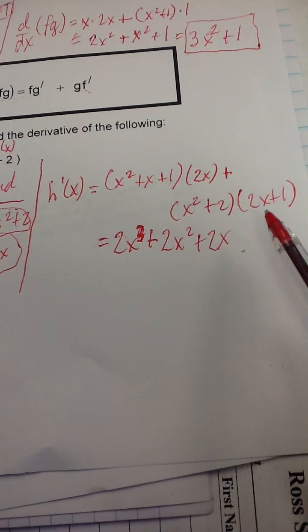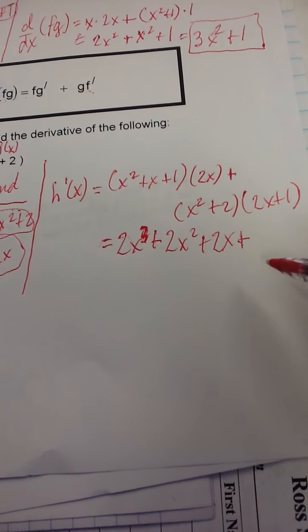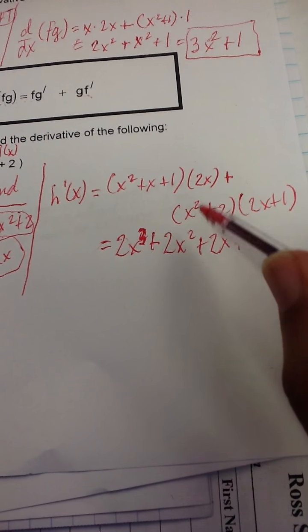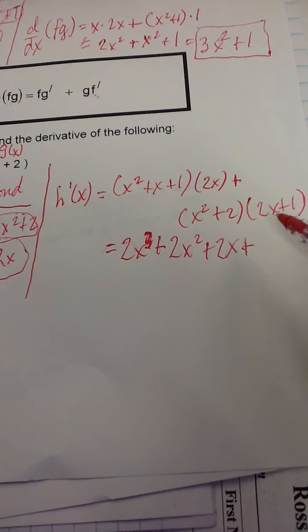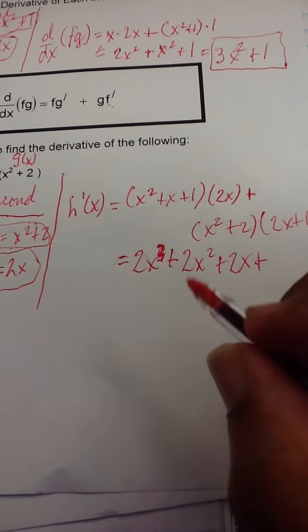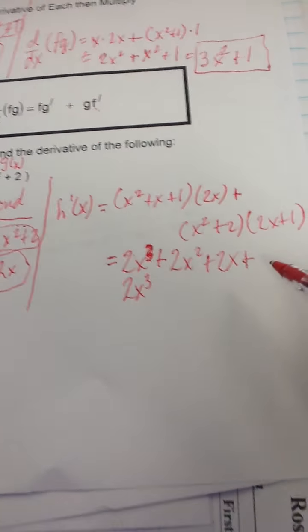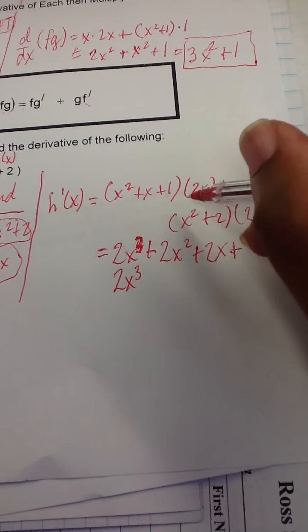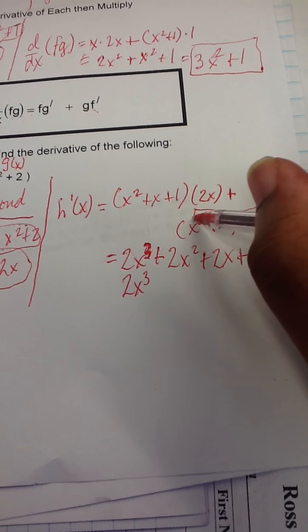Then, I know I'm going to multiply these two binomials. So I'm doing x squared times 2x. It's going to give me 2x to the third power. So let me just go ahead and, while I'm multiplying, group my like terms. We're multiplying these binomials. I'm doing the x squared to the 2x.